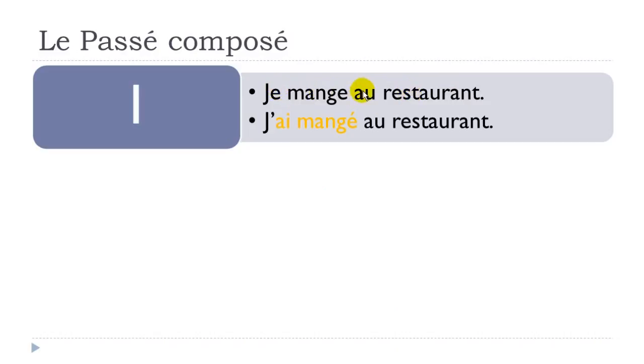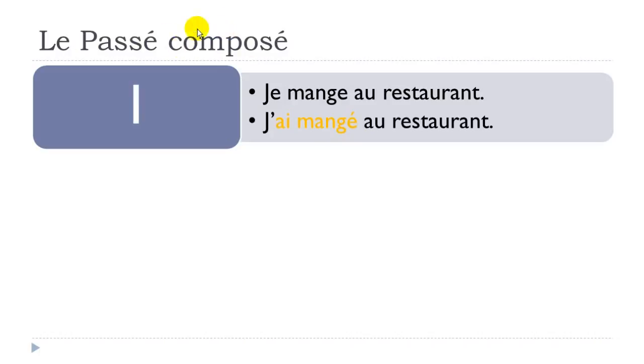So I eat at the restaurant, okay? And then here, I wanted to show you what this passé composé form looks like, okay? So you can see that you've got first here the verb avoir at the present form, okay? So it goes like j'ai.